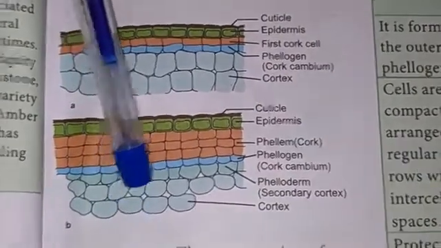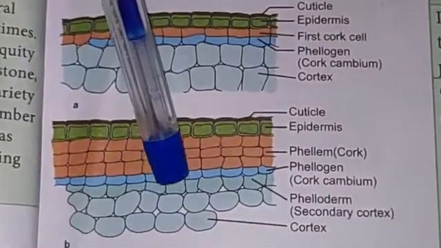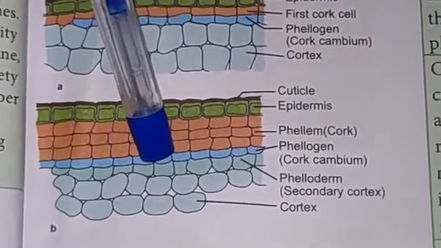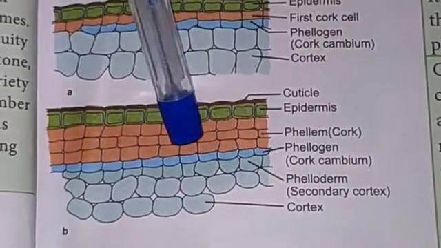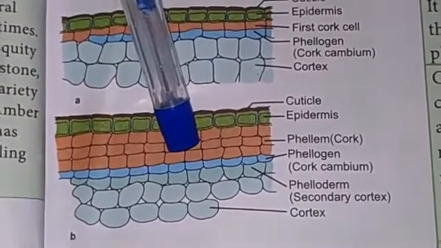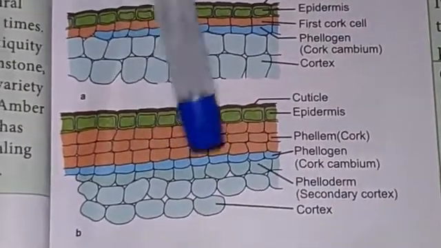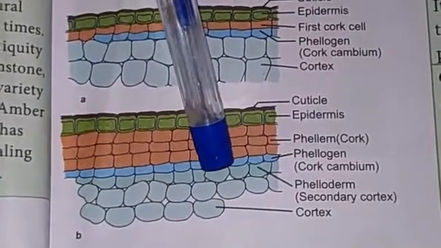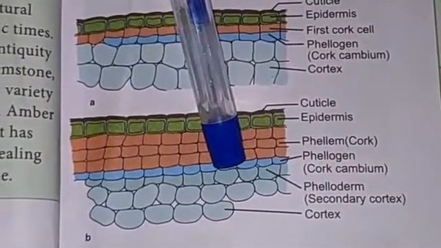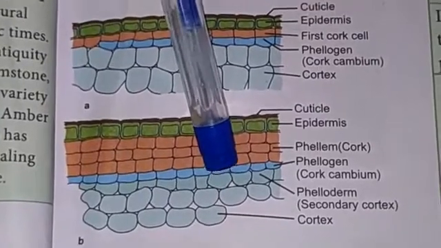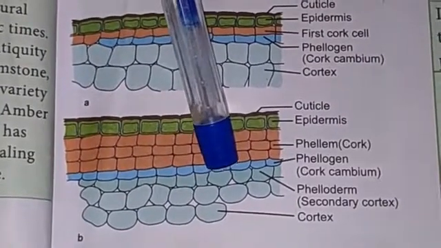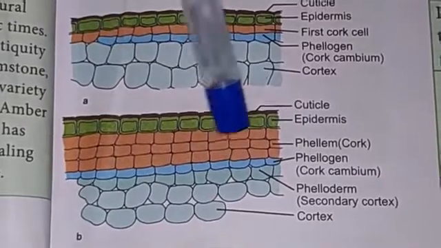Centripetally means inward, present inside, from the phellogen. The phelloderm is a part of the periderm of a stem and root in seed plants. It is a tissue which resembles cortical living parenchyma cells, which are produced centripetally, that is, inward from the phellogen.